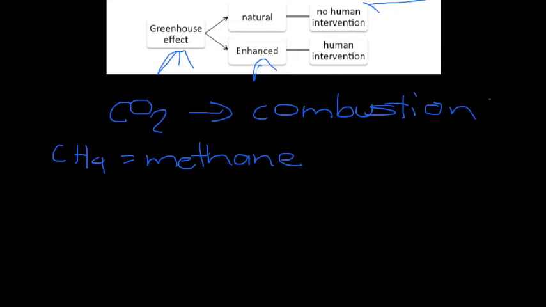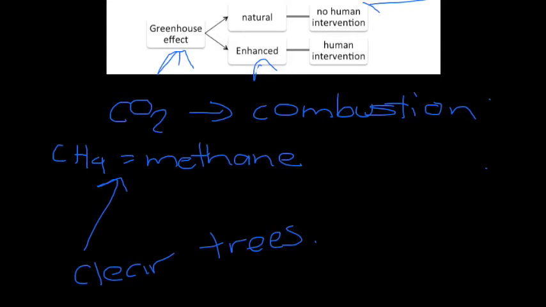And both of these you can see happen as a result of clearing. So when we're talking about methane production, we've had to clear trees to have a spot for farming. And when we're talking about combustion, the clearing of trees for cities means that we have increased amounts of CO2 in the atmosphere, but we also have reduced amounts of trees which would be able to consume that CO2 and convert it into oxygen, like you've seen before in photosynthesis.